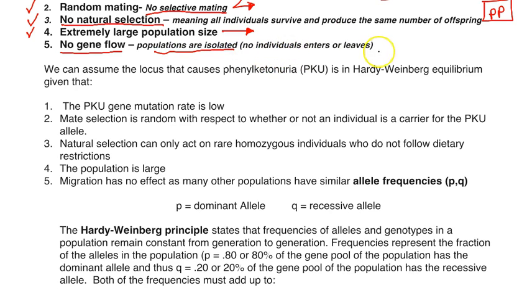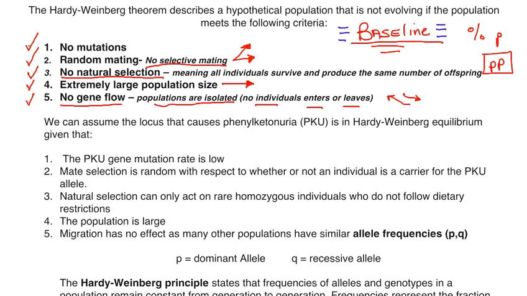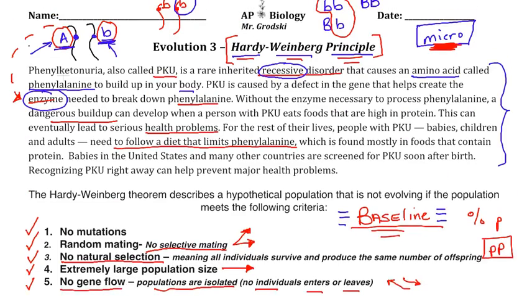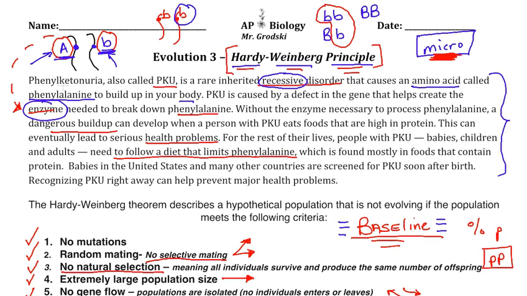Okay, and although we do have migration of people in and out of our society, we could suggest that these individuals aren't really adding any new alleles. So these are the conditions that have to be met in order to come up with this baseline. Again, what's this baseline? This baseline is an idea that the frequencies of these what? Of these alleles, or we should say, again, don't lose sight of these genes on a chromosome.